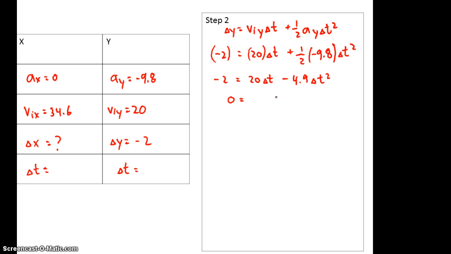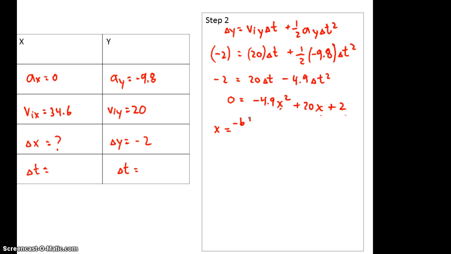How can you solve an equation that looks like this? Well, this is a quadratic relation.